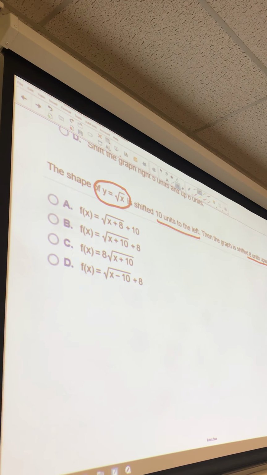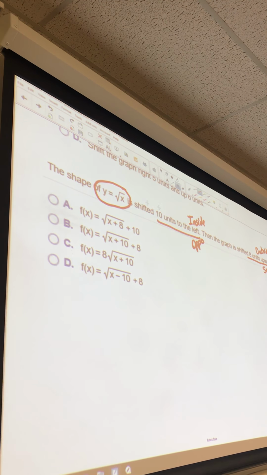Well, we know left and right comes from the inside, the number being inside with the x, where you see your x. The up or down is from outside. And we know the left, right, the inside is the opposite of what we would think for the sign, and the up or down is the same as what we would think for the sign.